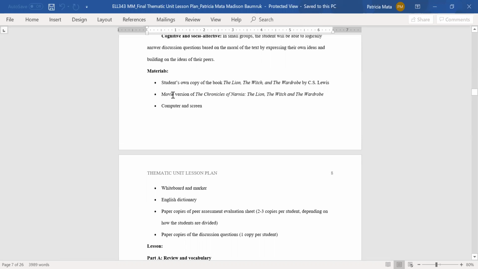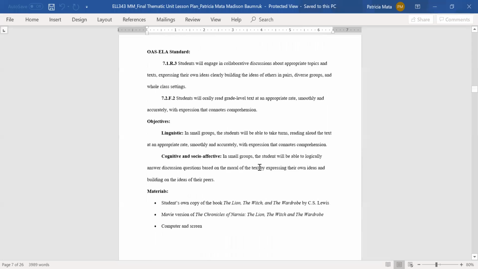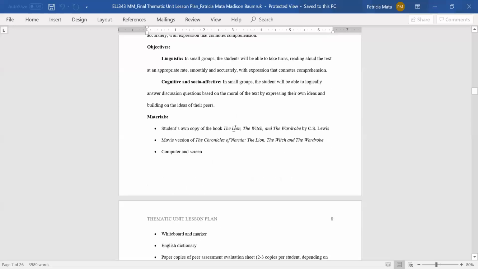The teacher should also have their own copy of the movie version of The Lion, the Witch, and the Wardrobe. So this is so that you could show a short clip from the film that corresponds to the assigned reading of this lesson, so chapter 6 through 9.